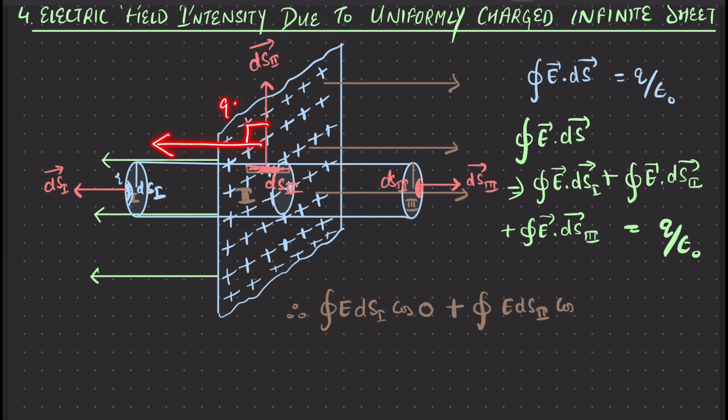Therefore for the second surface we have E ds2 cos 90. For the third surface, the area vector ds3 is pointing in the outward direction, and the electric field lines are also pointing outward. Again we get two parallel lines, and the angle between them is 0 degree. Therefore we have closed integral E ds3 cos 0 equal to q upon epsilon naught.